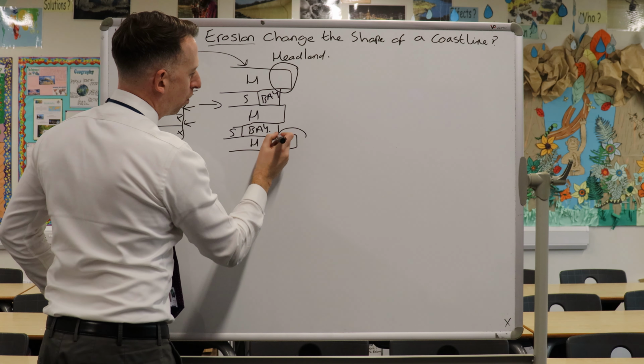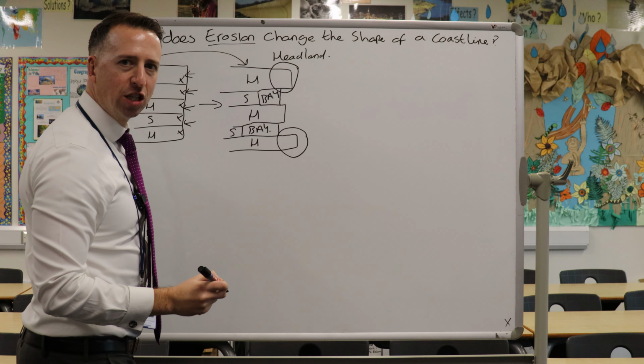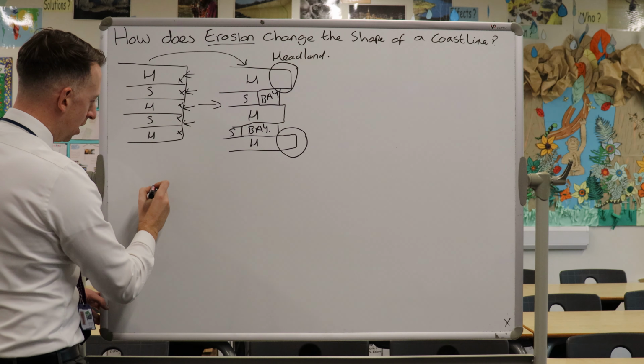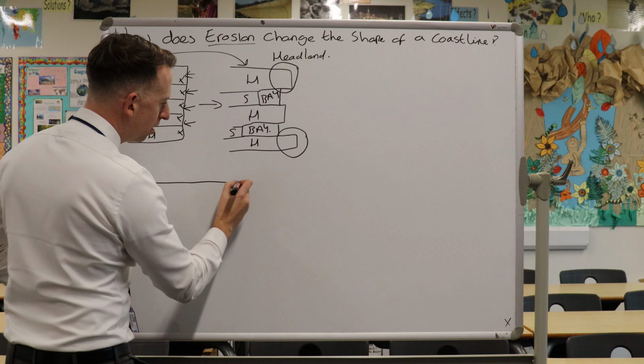So if we want to look at the changes being made to a hard rock headland, we just change this diagram, we turn it onto its side. So this is going to be our hard rock headland.